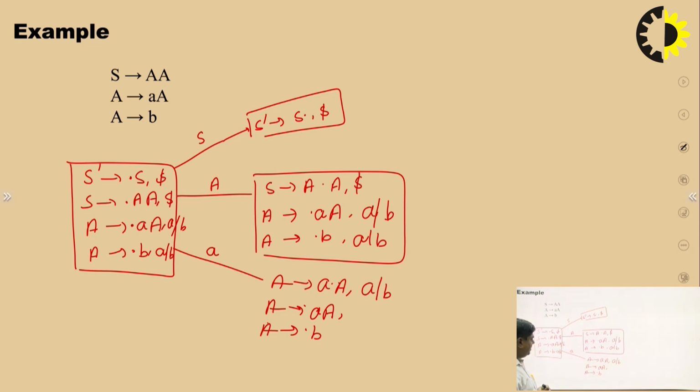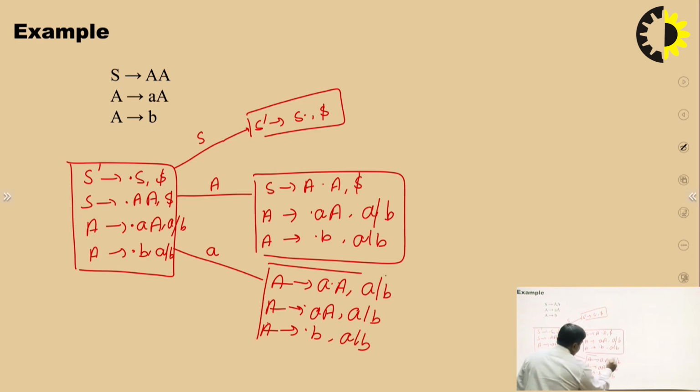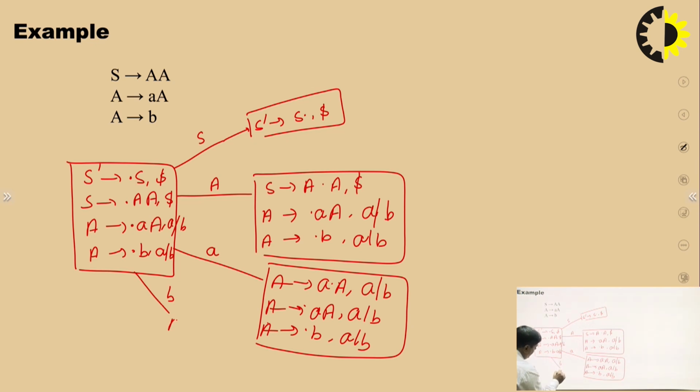What is the look ahead symbol of A? That is A comma B, and that is A comma B. Explore this one. Now third one, explore B, and A tends to B dot, and what is the look ahead symbol? A comma B.